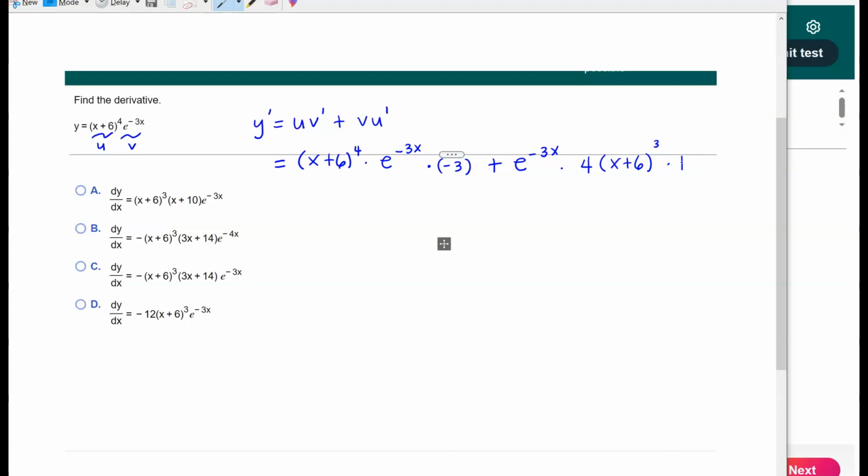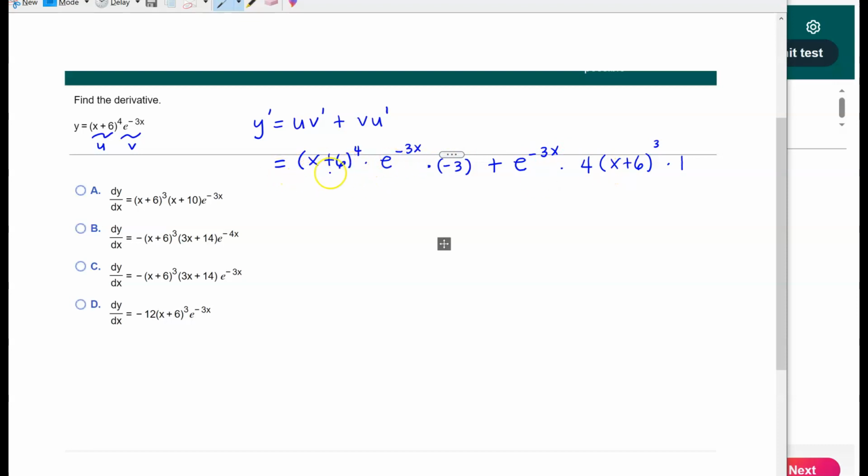Now, because this is a multiple choice question and you look at the choices, you notice that they're actually simplified. So in this case, you are to simplify this. To simplify this, let's just look for a common factor first.